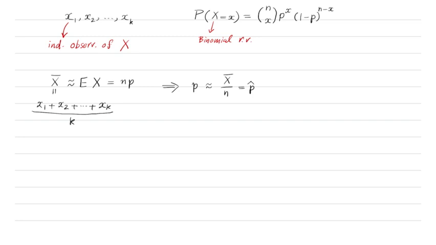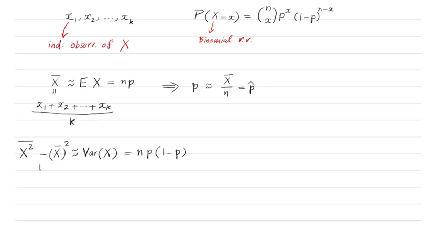Well, we know the expectation of X is n times p. We also know that the variance of X is n times p times 1 minus p. Well, we can also estimate the variance by the variance of observations. So this is approximately equal to the variance of observations, which is the average of observations to the power 2 minus their mean squared.